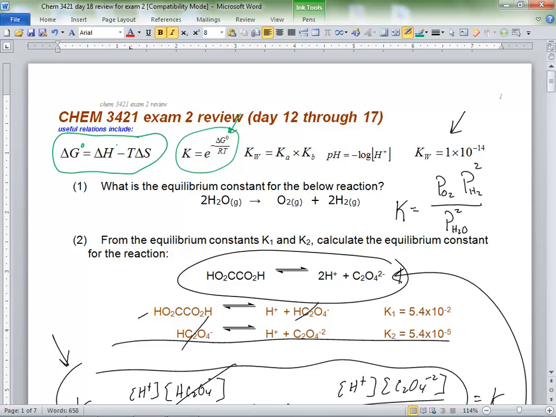What does that mean? Standard, which is 25 degrees Celsius or 298 Kelvin. So this needs to be 298 Kelvin to calculate your delta G.